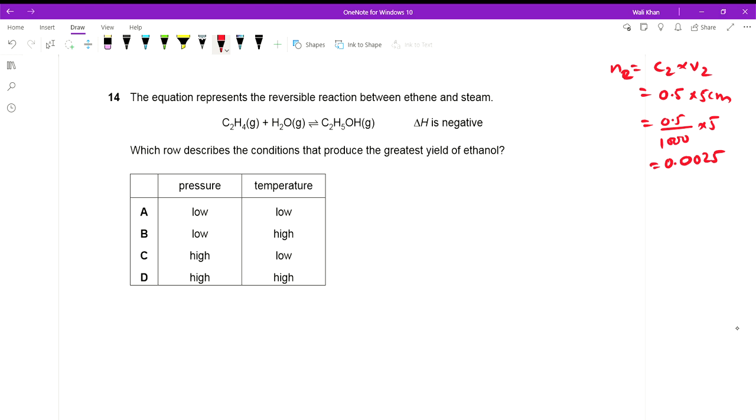For the greatest yield of ethanol, pressure should be high and temperature should be low.